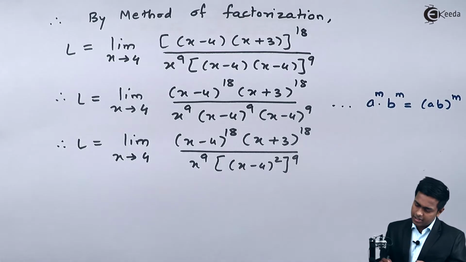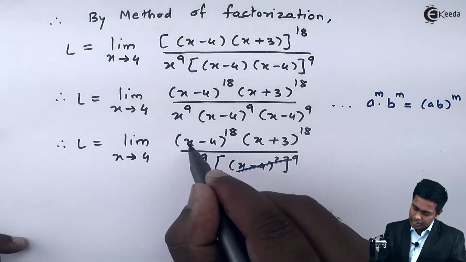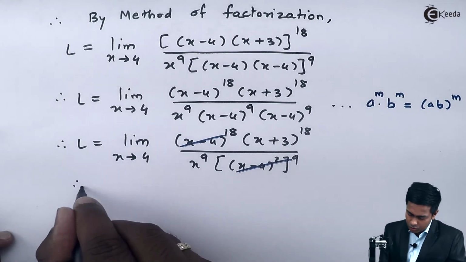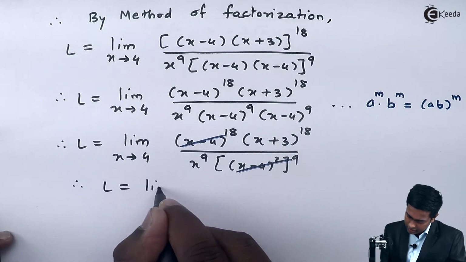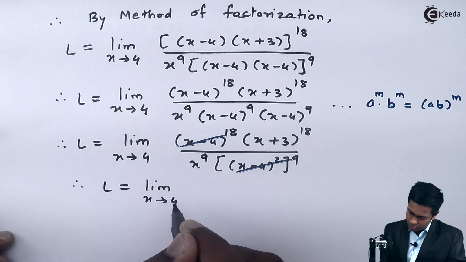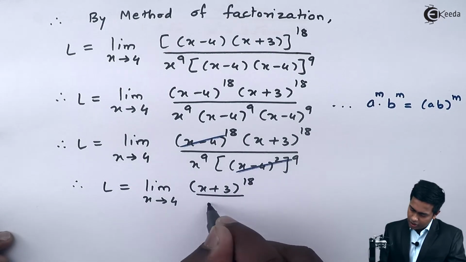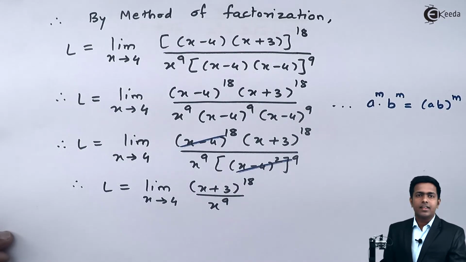So I can cancel this (x − 4)^18 with (x − 4)^18 and write the remaining terms. So we got L as limit x tends to 4, (x + 3)^18 upon x^9.